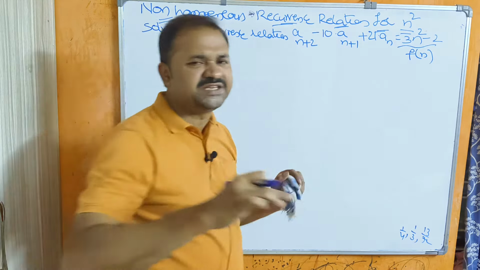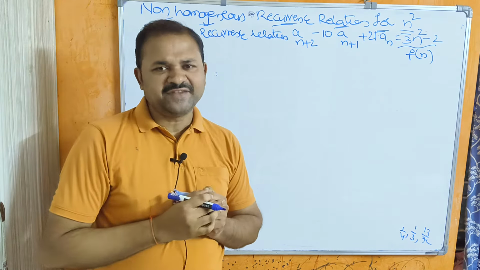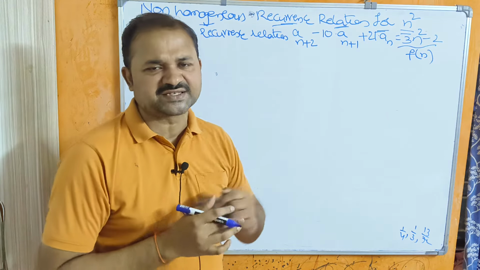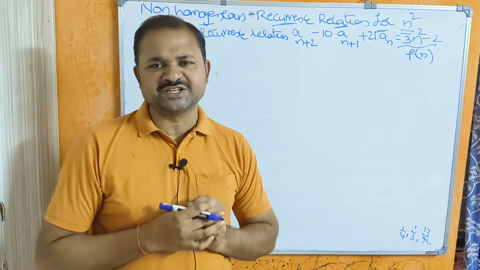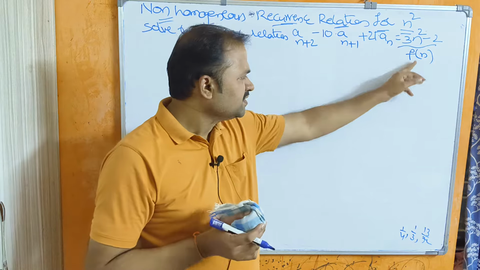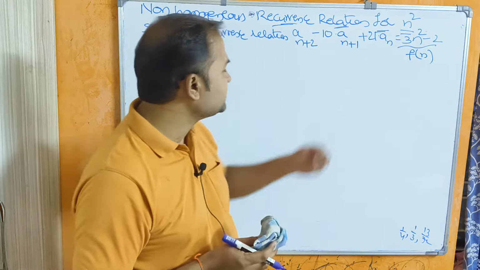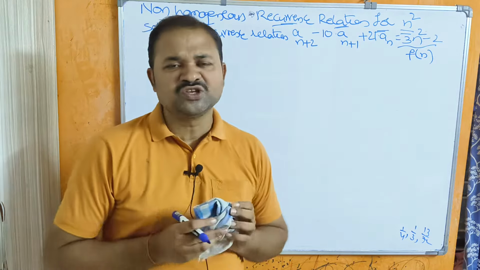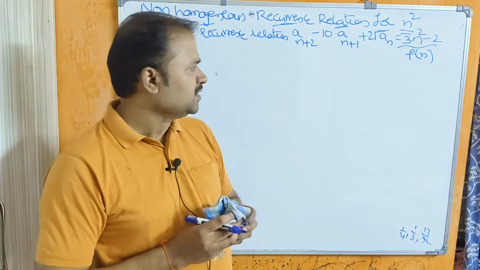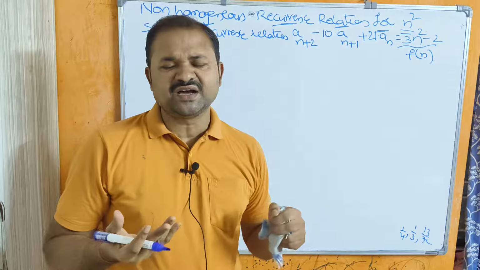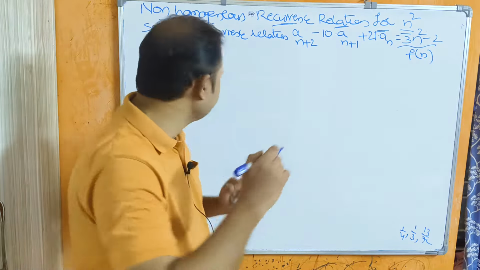If f of n is equal to 0, then we can call that recurrence relation as homogeneous recurrence relation. But here f of n is not equal to 0, so we can call this recurrence relation as non-homogeneous recurrence relation.